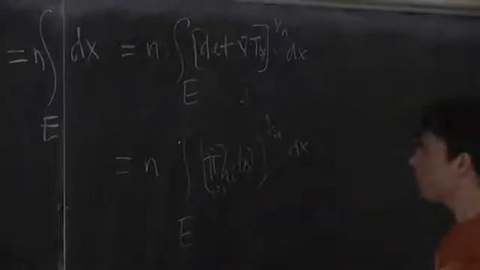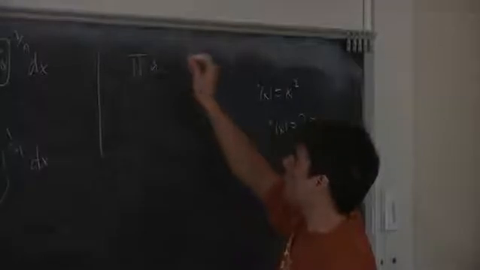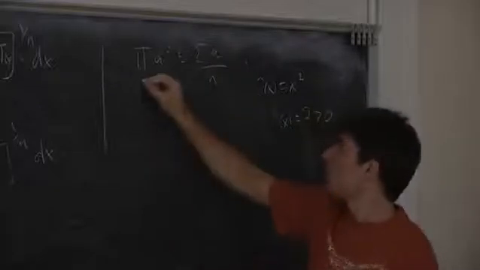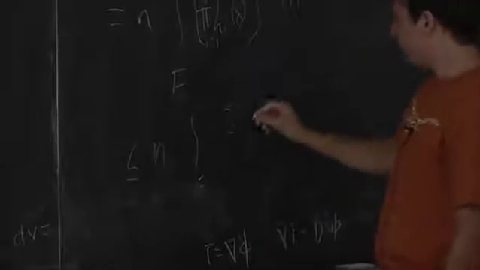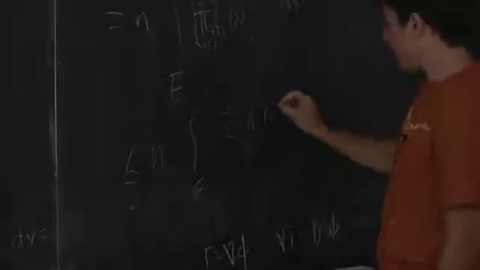So now we're going to use the AM-GM inequality. That just states that the product of a bunch of non-negative numbers is less than or equal to the average of them. So we use that here to say that this is less than or equal to n, which stays as it is, integral over E, and then the sum of the lambda i of x over n, dx.